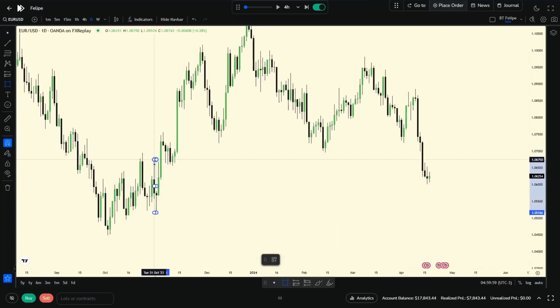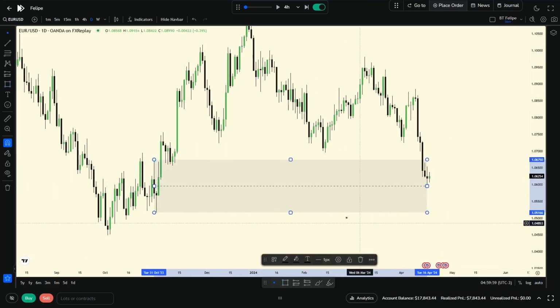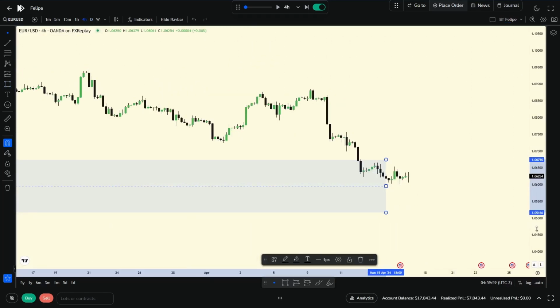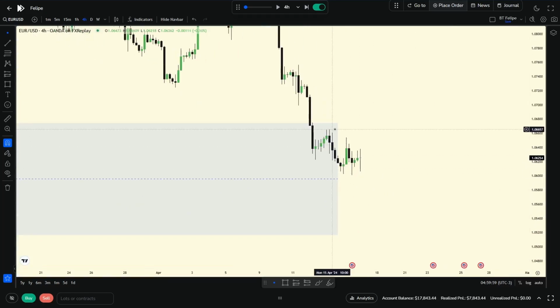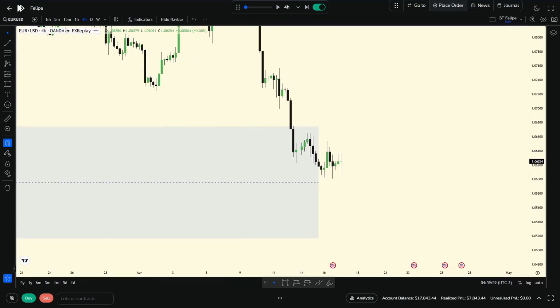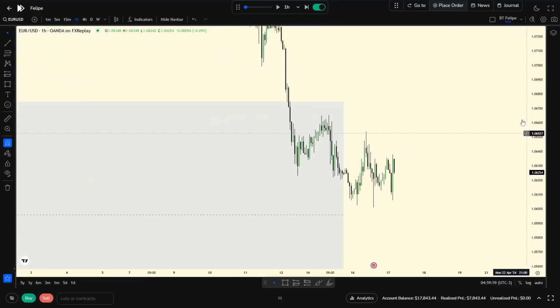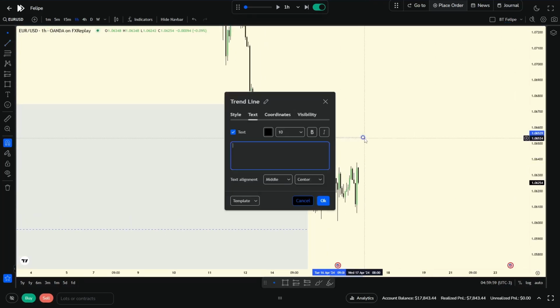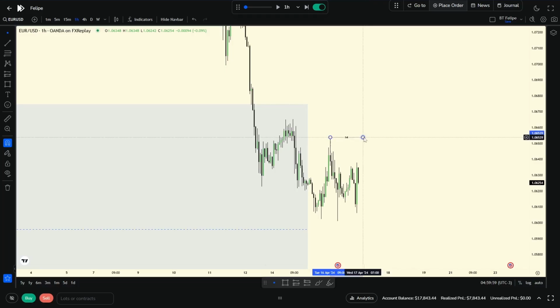Price is still inside the POI, the major one. This is the H4/H1 inducement.